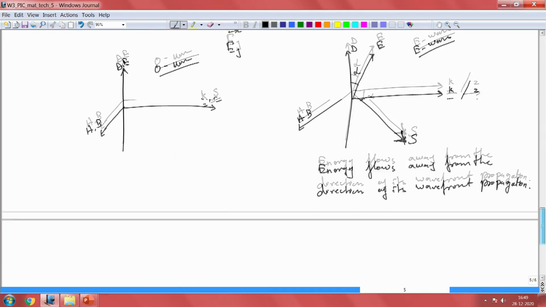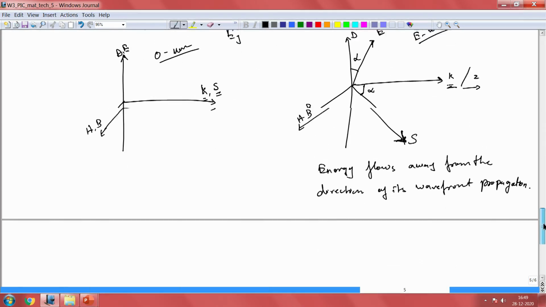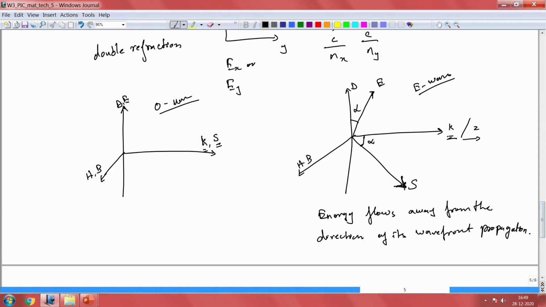All right. So, this phenomenon of moving away from the direction of propagation is called spatial walkoff. Spatial beam walkoff or spatial walkoff. Okay. Because it is moving away.